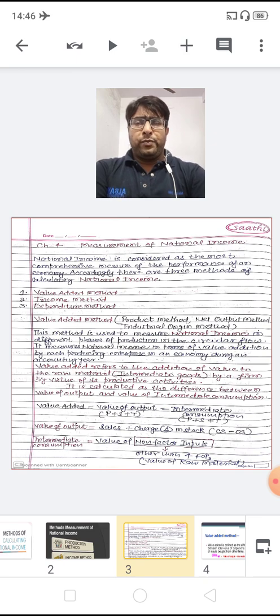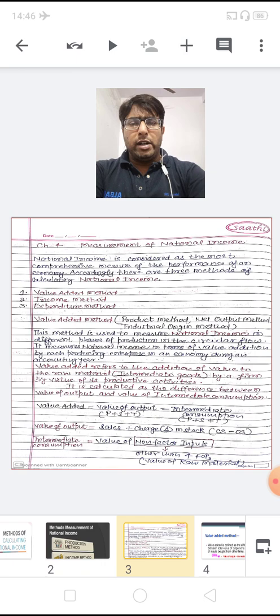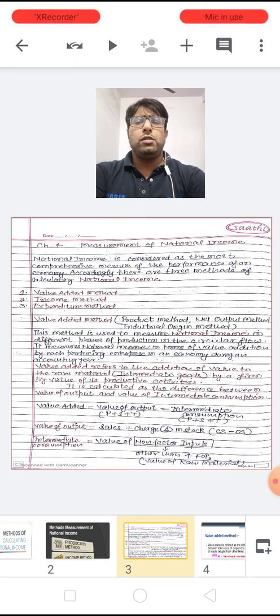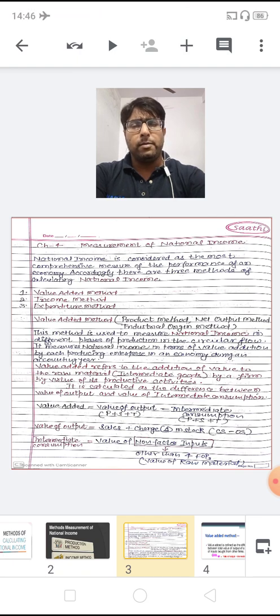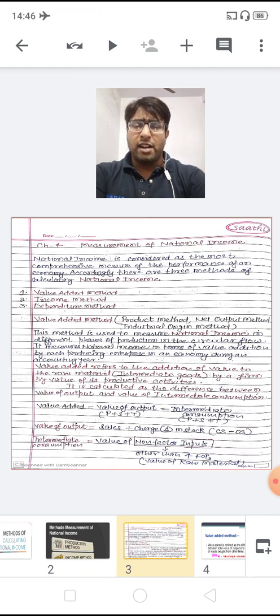Children, let us first learn the value added method. This method is used to measure national income in different phases of production in the circular flow. Children, I am again going to repeat this sentence.